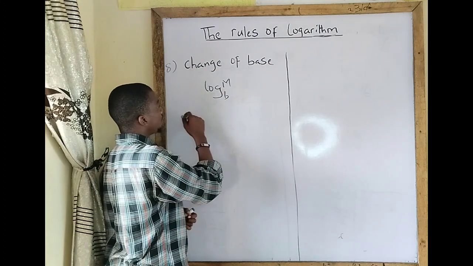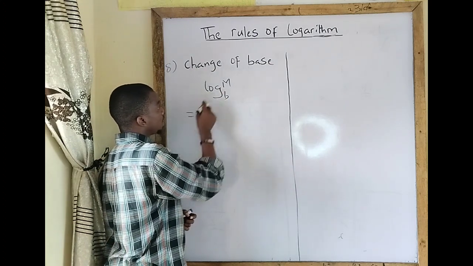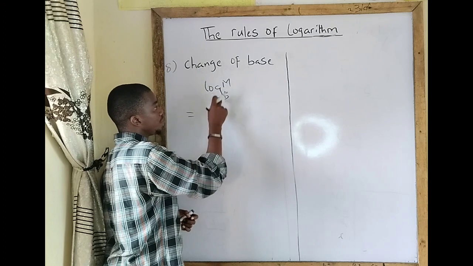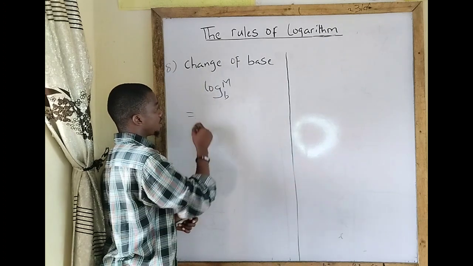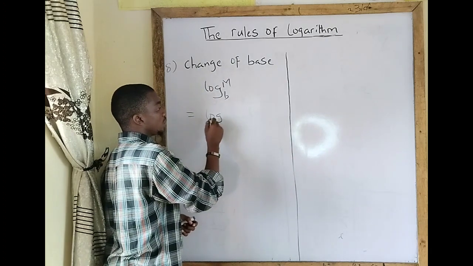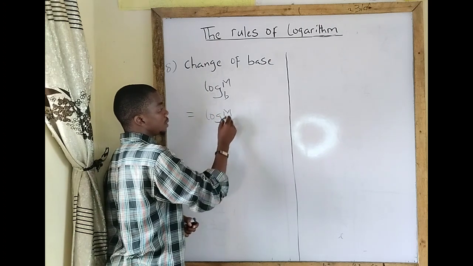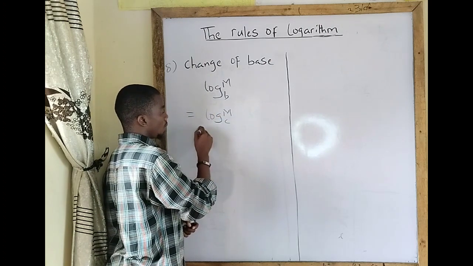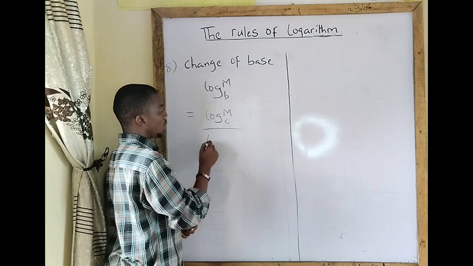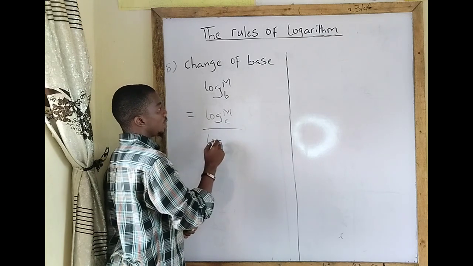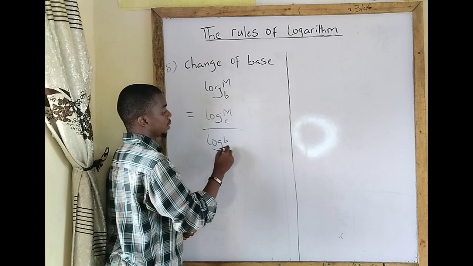This is what I mean. If we have log m base b, applying the change of base here gives log m to base c all over log b to base c.